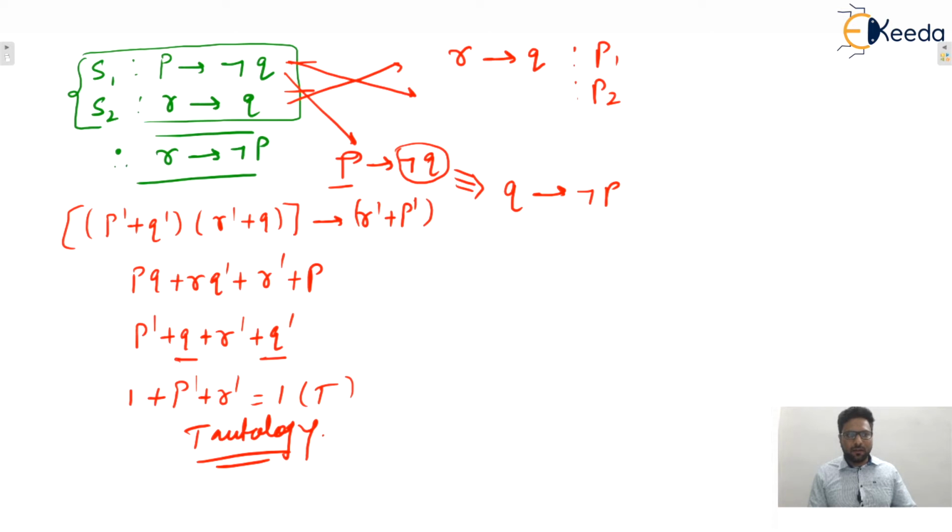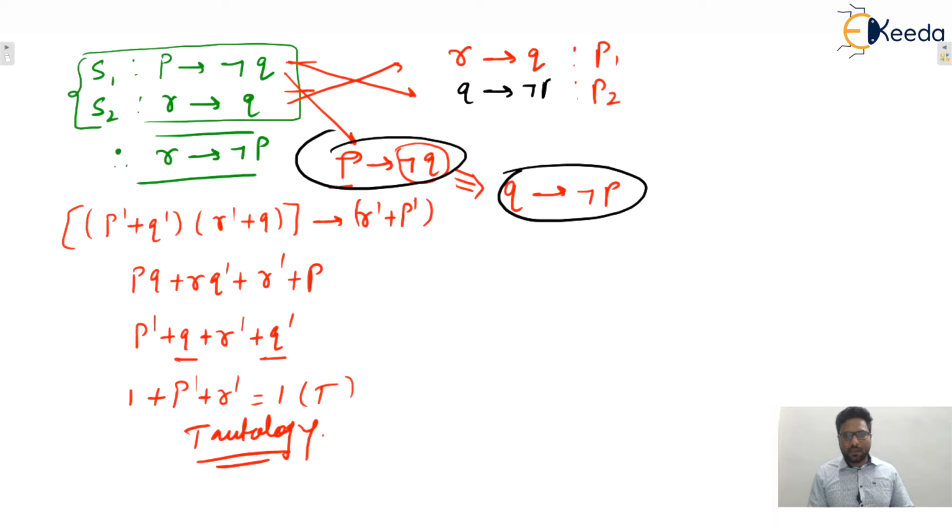So these two statements are equivalent. So we can write Q implies negation P. And what is the conclusion? The conclusion is R implies negation P. Now which rule of inference is this? We studied it in the last to last lecture; rules of inference are for propositional logic. This is hypothetical syllogism.